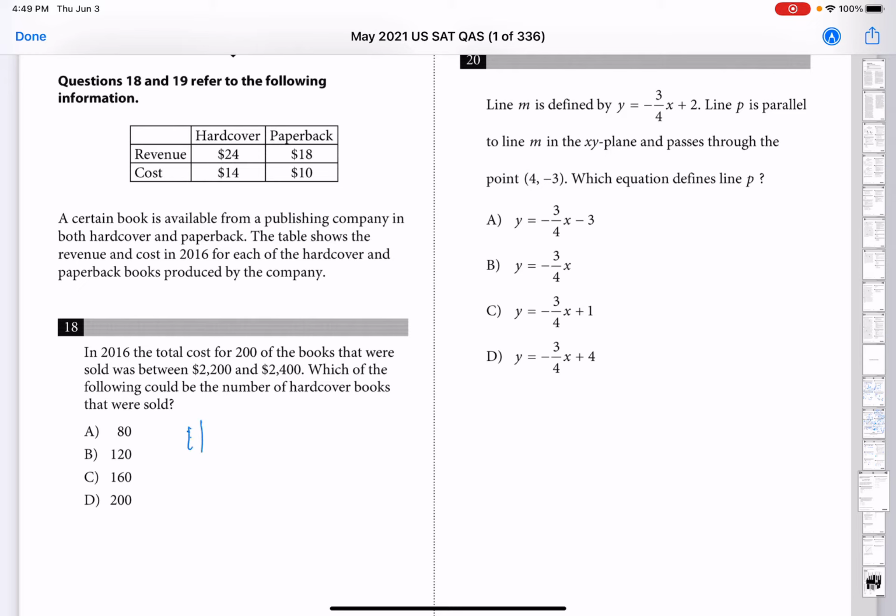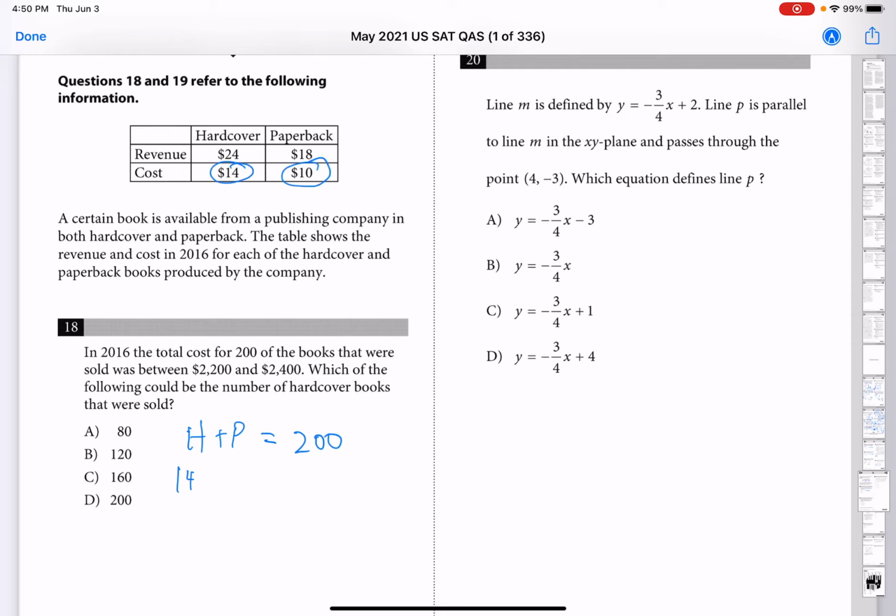All right, so we know that the number of hardcovers plus the number of paperbacks will be 200 books. And we also know that the books were sold for between $2,200 and $2,400. Okay, so the costs for hardcover and paperback are 14 and 10.